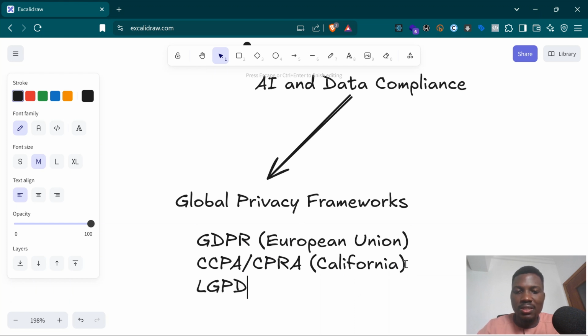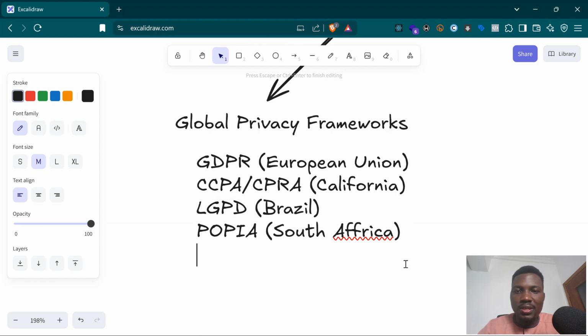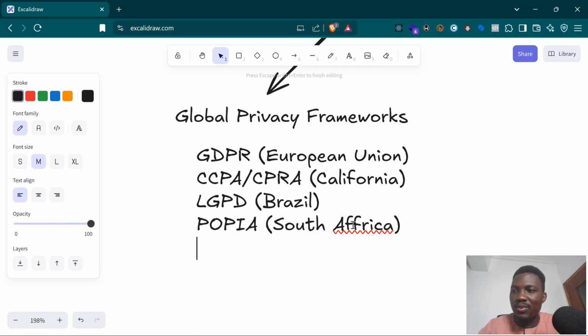We then have POPIA, which is for South Africa. We then have, of course, Nigeria. That's NDPR. This is Nigeria.